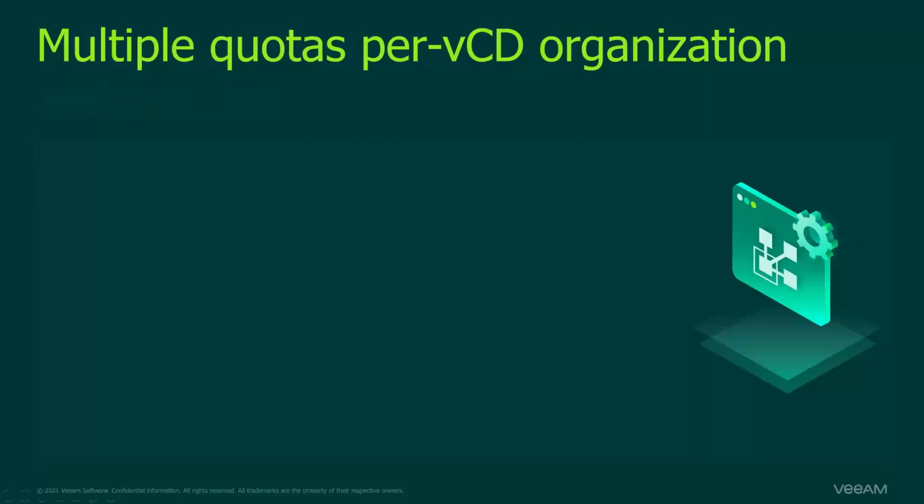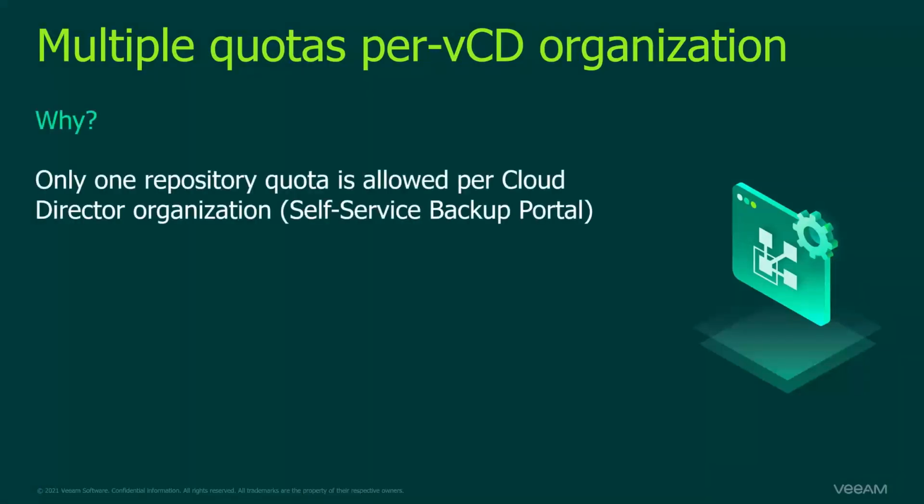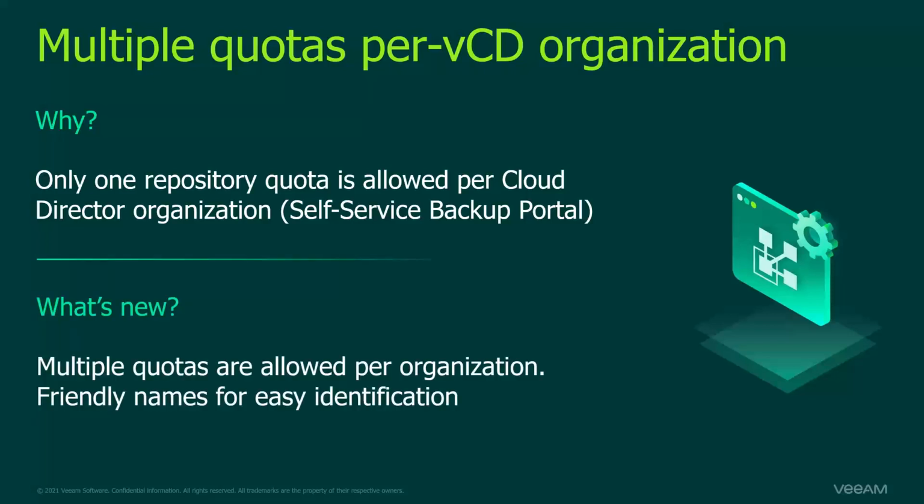Next up is multiple quotas per VCD organization. Again, it's been requested by our providers. Currently, in version 10 and before, you can only have one repository per VCD organization. Now you can have multiple. You just add the same organization again and pick a different repository for it. It enables several nice use cases and potential services for your customers. Let's say your customer wants to have two copies of data instead of one on their repository.